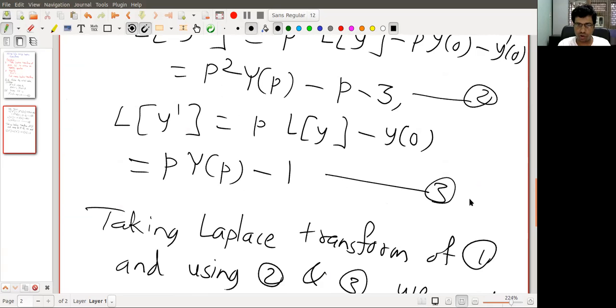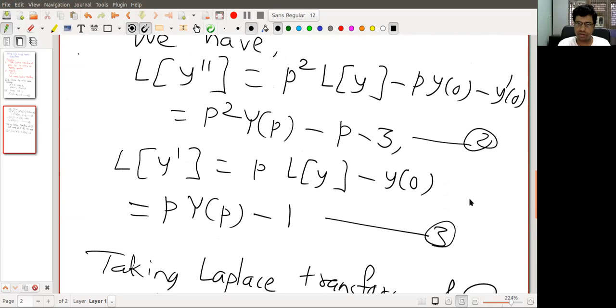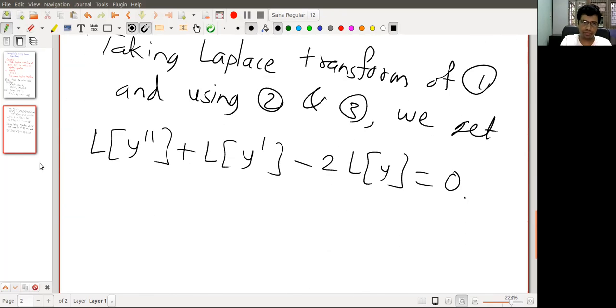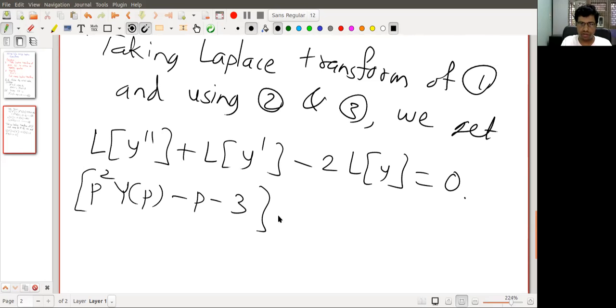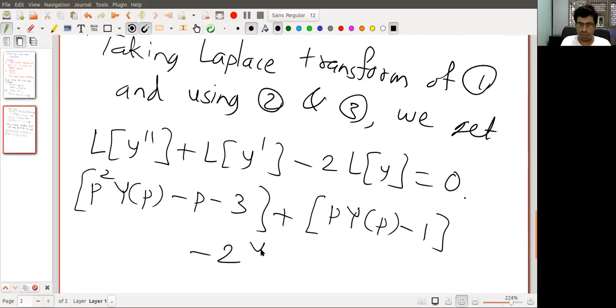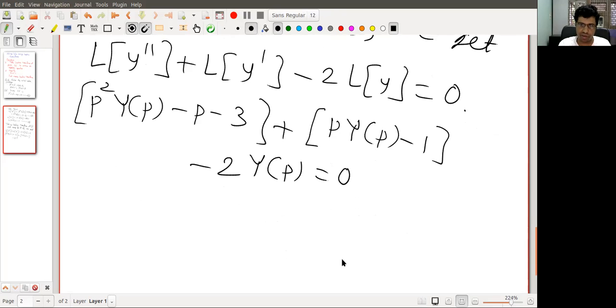From 2, L of y double dash is p square Y of p minus p minus 3, plus L of y dash. It is p into Y of p minus 1, minus 2 times L of y, which is Y of p, equal to 0. Now we simplify this for capital Y of p.